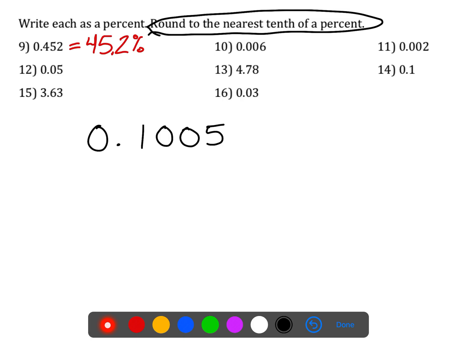Okay, if we had to write this as a percentage, we multiply by 100, then this would be 10.05%. Okay, now that would technically be wrong because the question said round to the nearest tenths place.